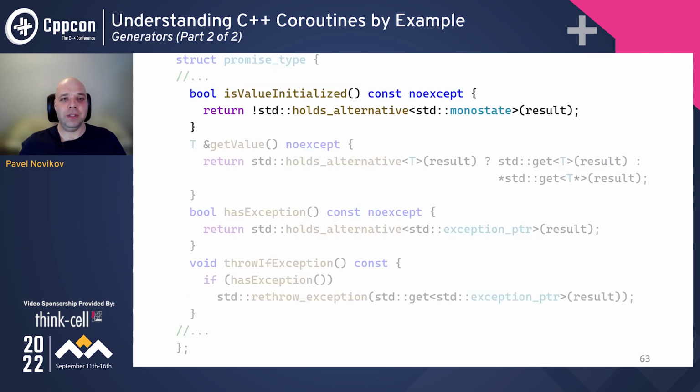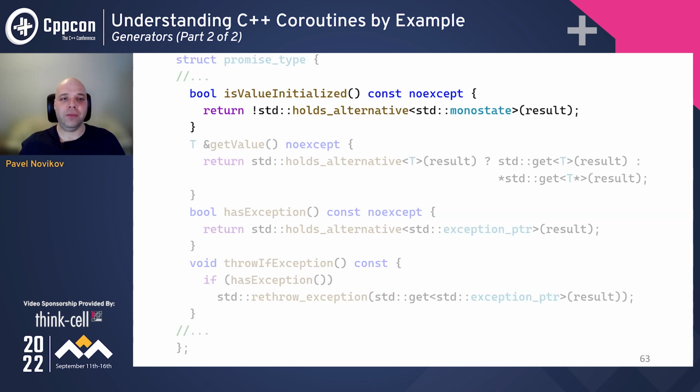So let's look at the refactoring. isValueInitialized checks if we have any type of result. For example, if we have a value that is yielded, or we have an exception, we consider that we have some initialized value.